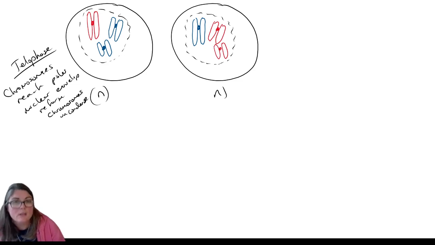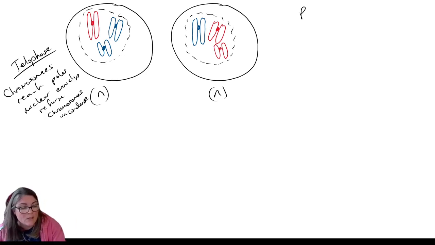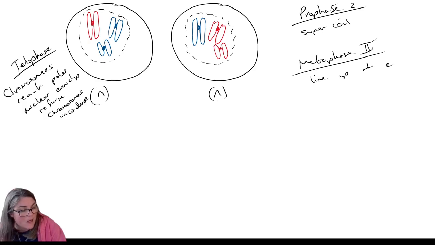We have our sister chromatids, and now they're going to go through the whole process again, but this time as they go through prophase 2, they will supercoil again, and then we've got metaphase 2. And in metaphase 2, what's going to happen? They're going to line up at the equator.